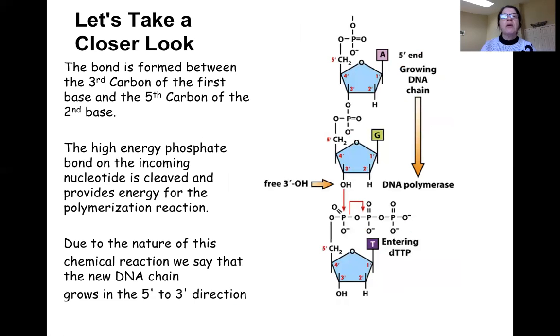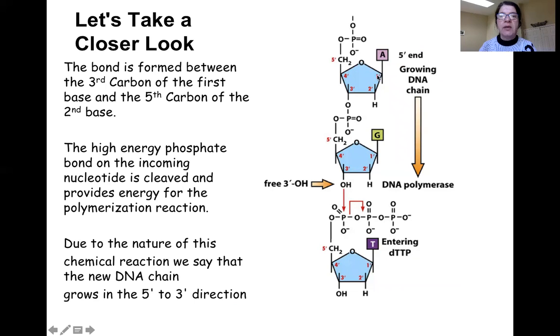Let's take a closer look at how DNA is made. Now, this is a polymerization reaction synthesis. So we're linking two nucleotides together to build a polynucleotide chain. And if we remember from Unit 1, sugars form rings. And these rings, we number the carbons, and we start with the oxygen around which the ring closes, and we go clockwise.